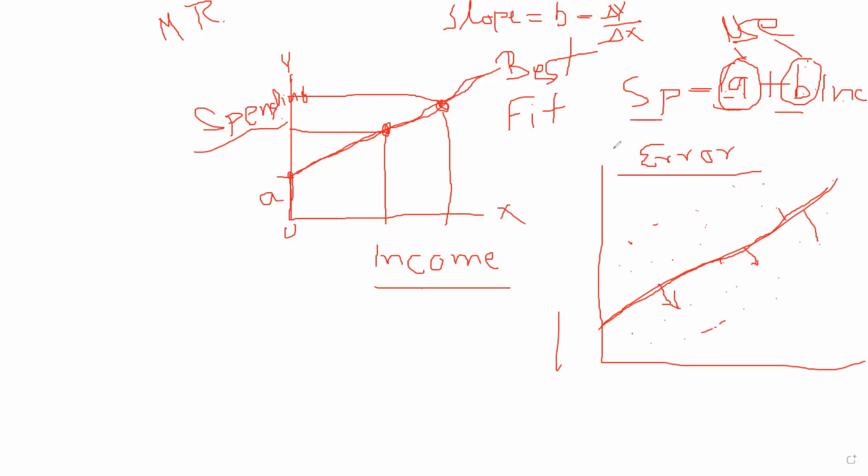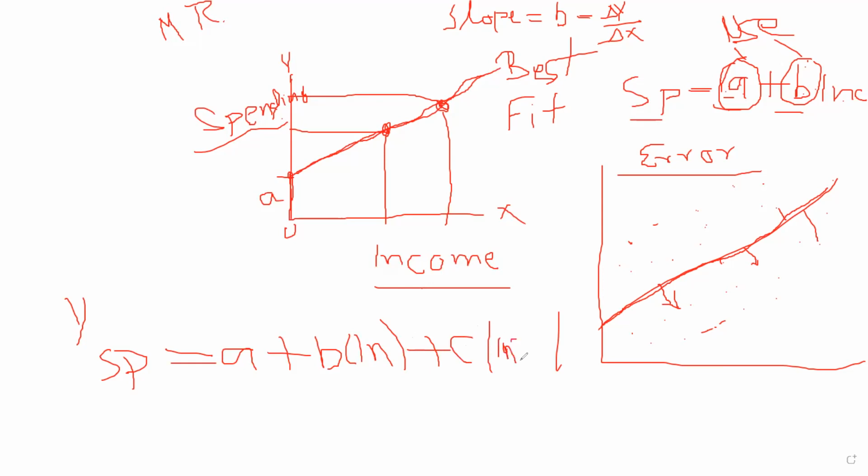Now look at the third thing. This is the simple regression model that we learned in the previous class. Now we are going to learn multiple regression. Because we can see only 2 dimensions here, let's say spending equals A plus B income plus C inflation plus D different factors.